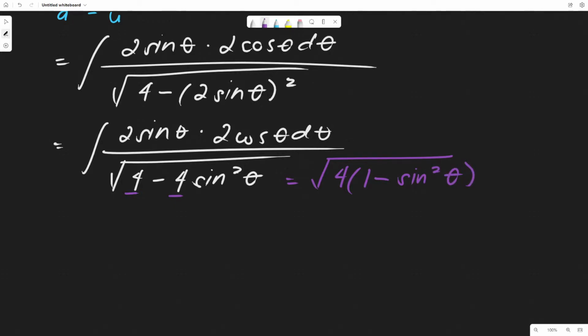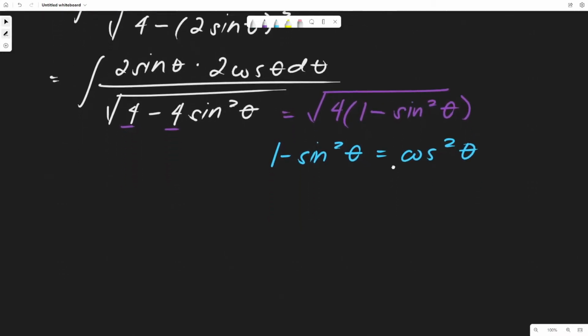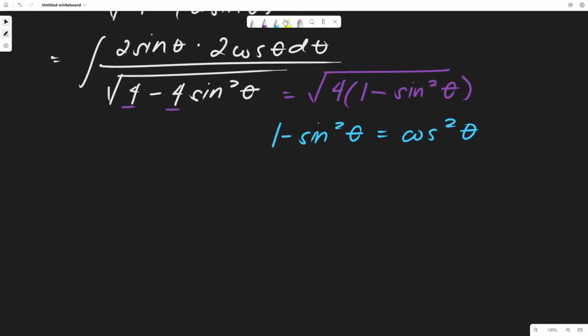And we know that 1 minus sine squared theta is equivalent to cosine squared theta, by the Pythagorean identity. So this is what we will substitute below.